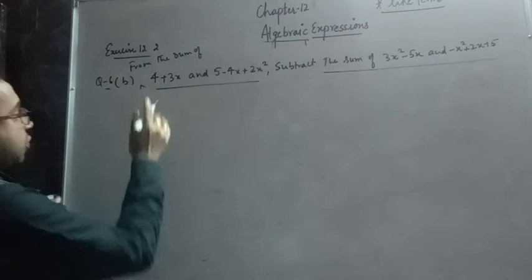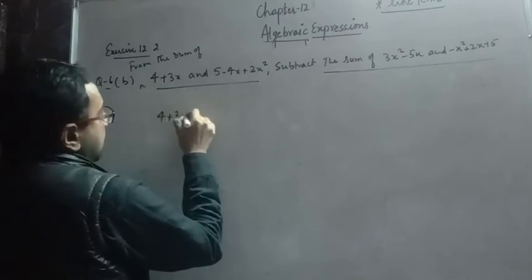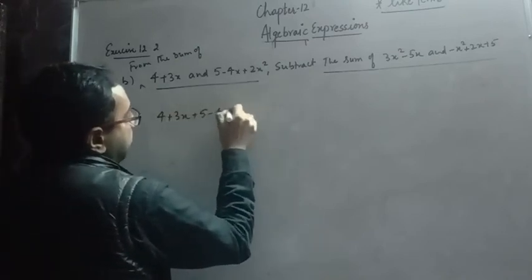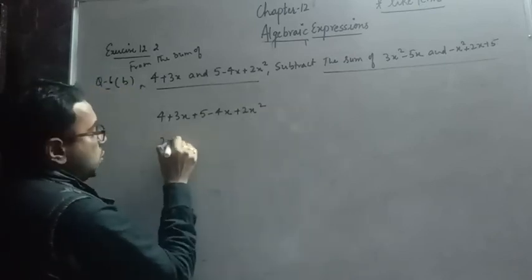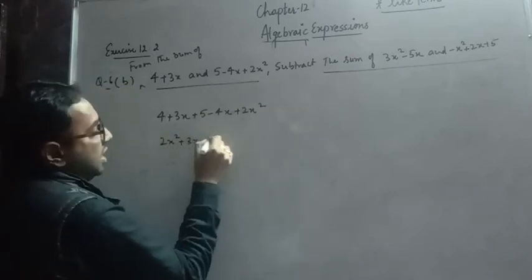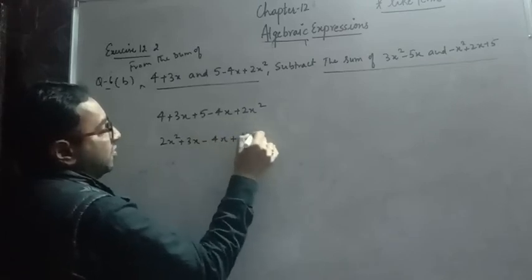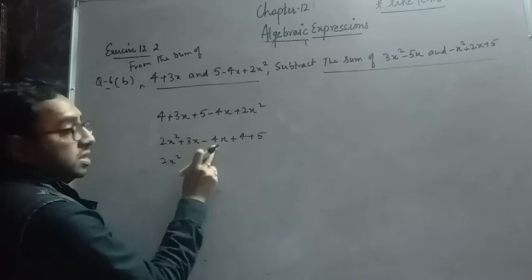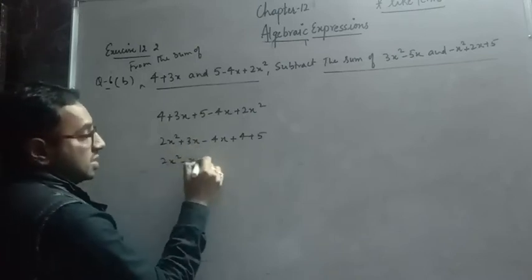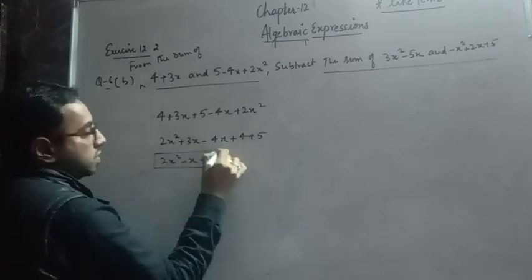First of all, we'll sum up. What will we get? We'll write 2x square plus 3x minus 4x, 4 plus 5. So 2x square minus x plus 9. We got this.